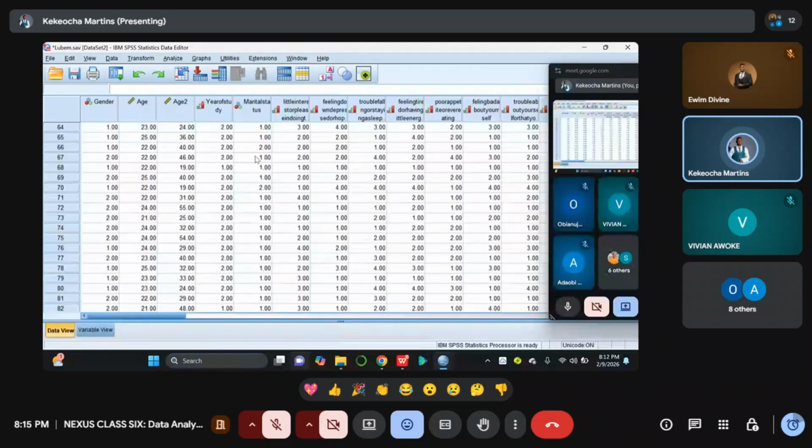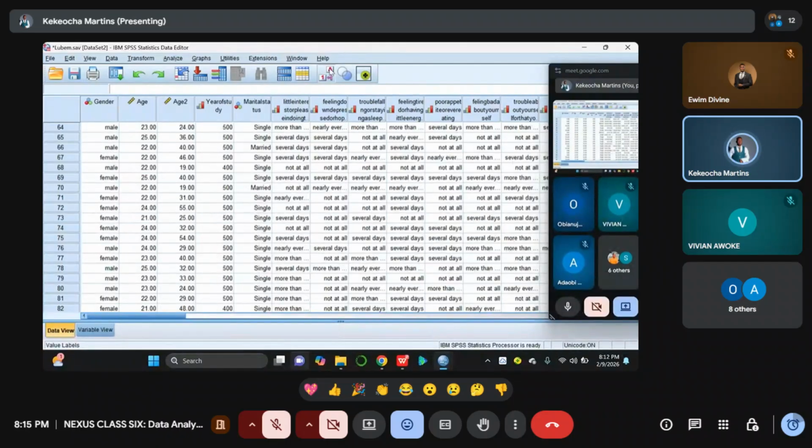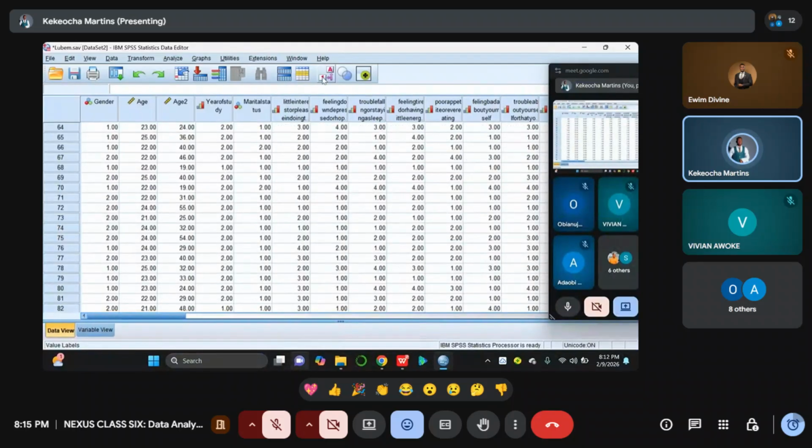But because in my value label I specified what 1 means under gender, what 1 means under year of study, what 2 means under marital status, if I change it to words, it's going to automatically translate to that. So you can look at it in this way or in this way. To make it easier, I enter them with numbers, then I give them the value label, so it's easier to understand and it works faster that way.